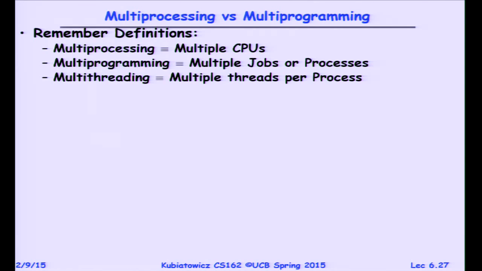Okay. So multiprocessing and multiprogramming, I wanted to make sure we cleared out some of these definitions because now we're getting kind of down the rabbit hole with hyperthreads and multiple cores and whatever. So multiprocessing is typically multiple CPUs going on at once. Multiprogramming is multiple jobs or processes. Notice that multiprogramming does not mean that things are running in parallel.